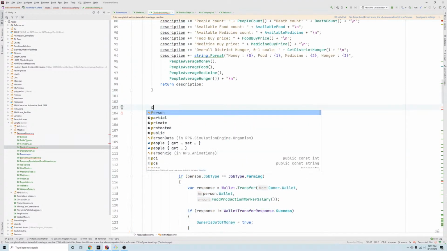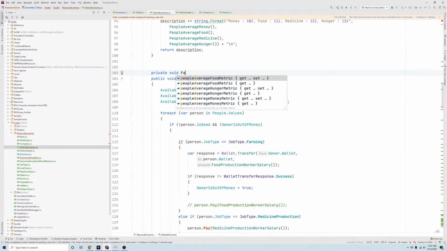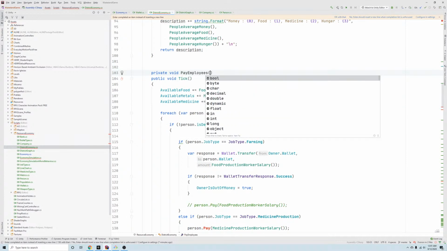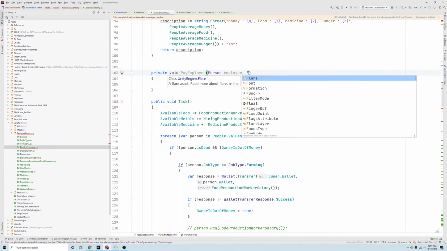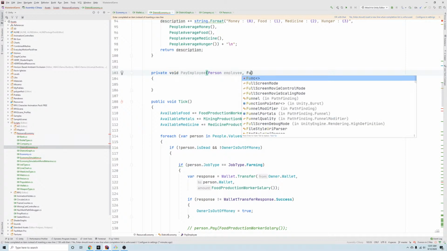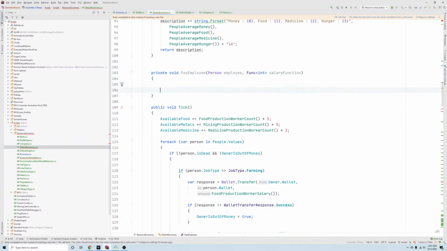So I'm just going to create a helper method for that. Void. I think this will work.